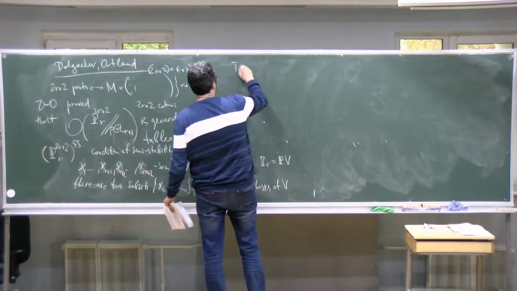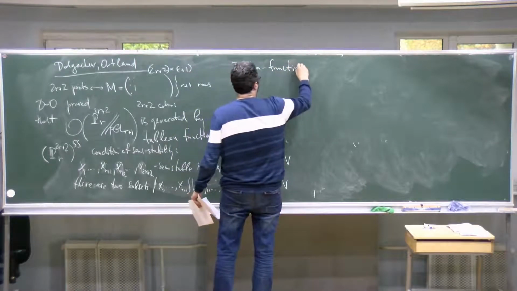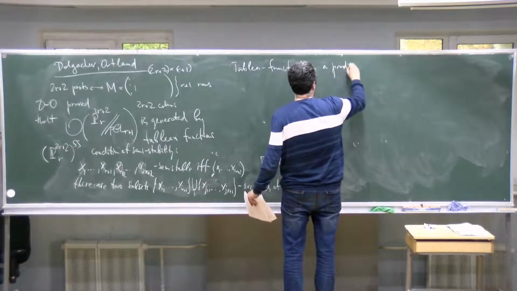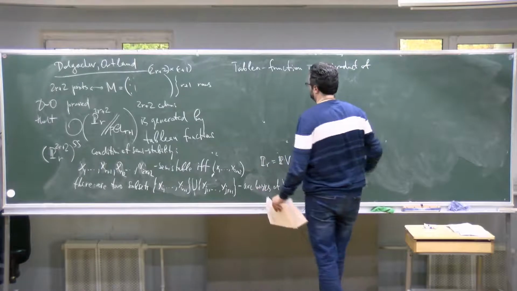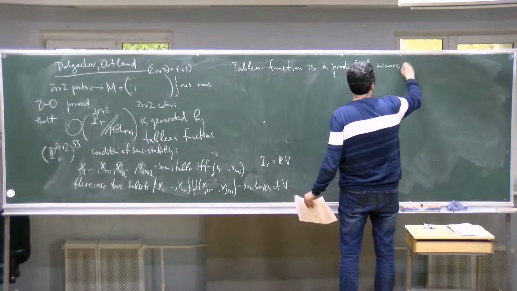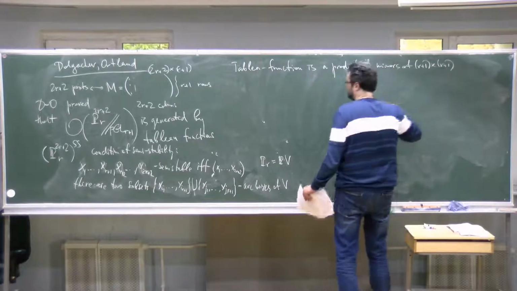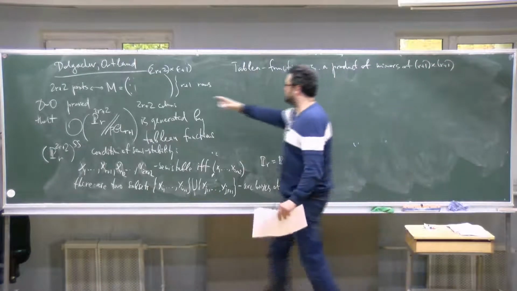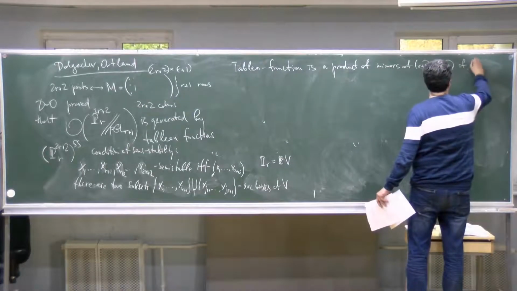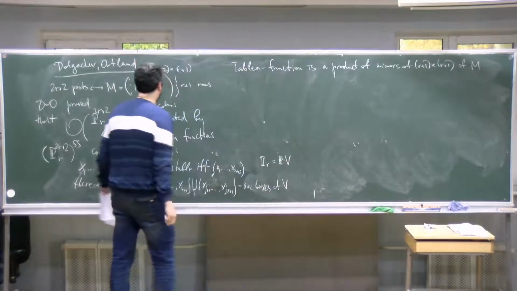A tableau function is a product of minors of size r plus 1 of matrices M.